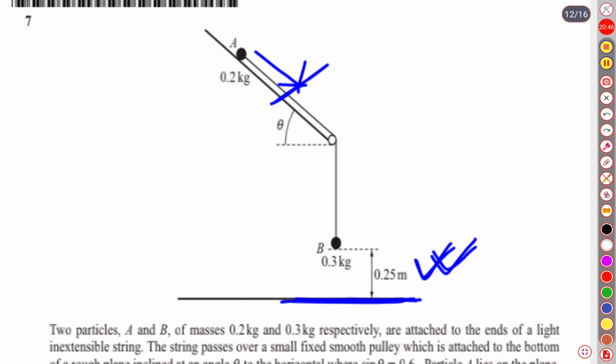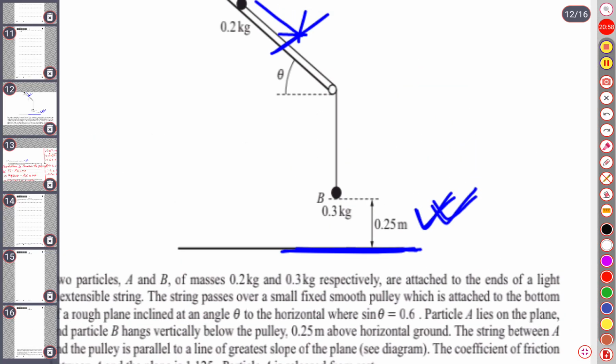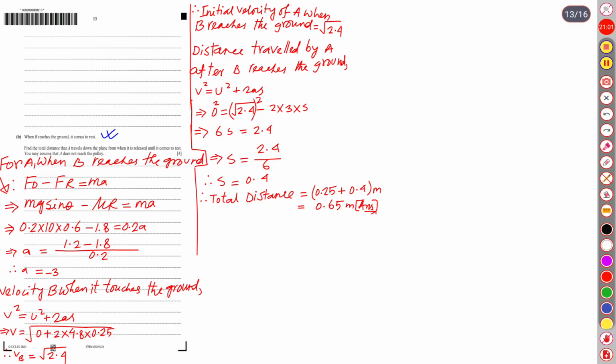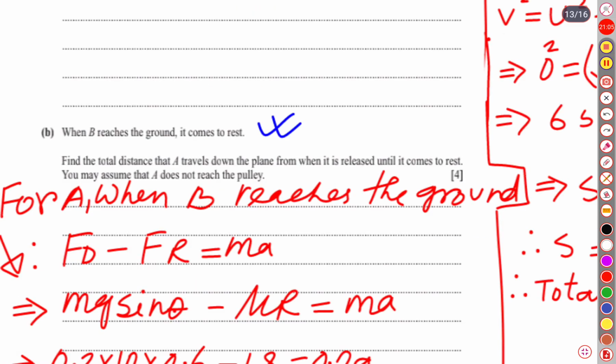But when B reaches the ground, B is no more in motion. B is just in contact. Question B says, you may assume that A doesn't reach the pulley, and when B reaches the ground, it comes to rest.